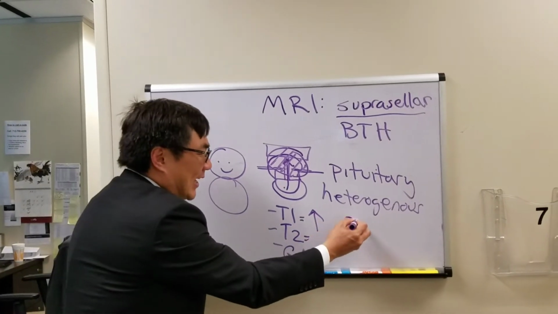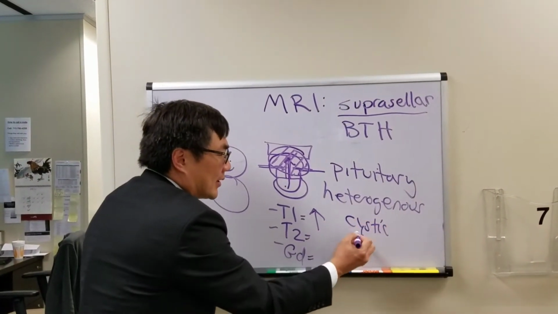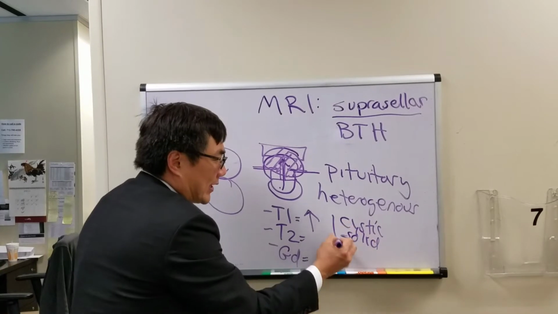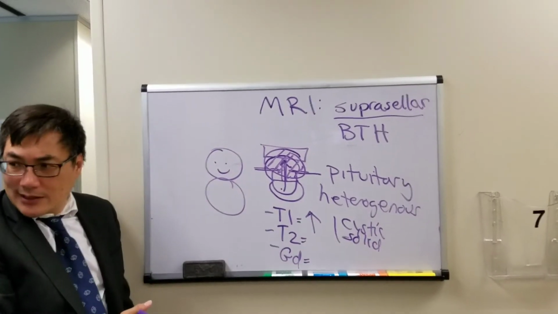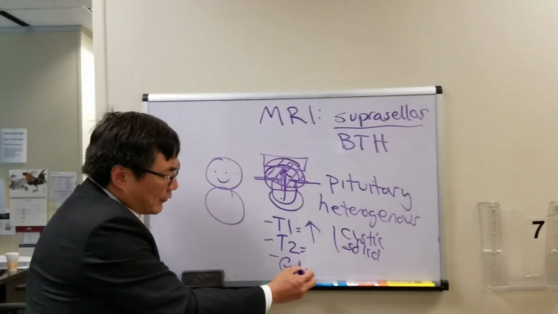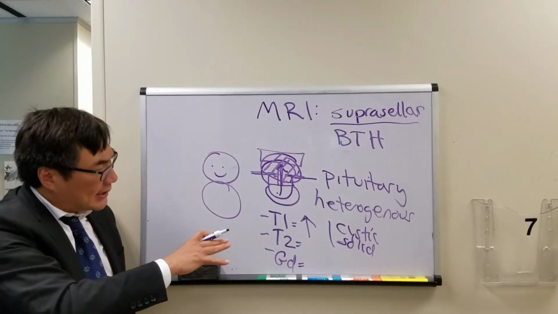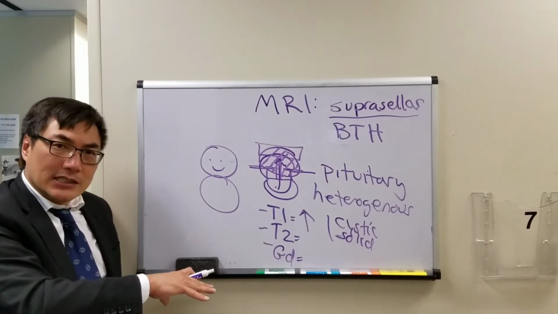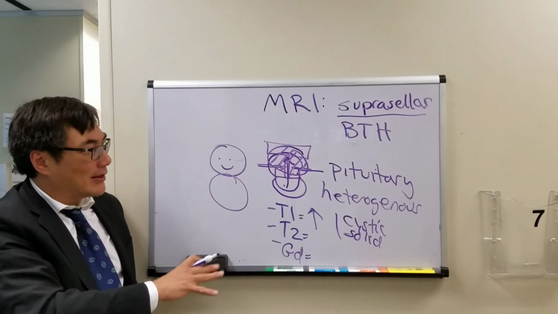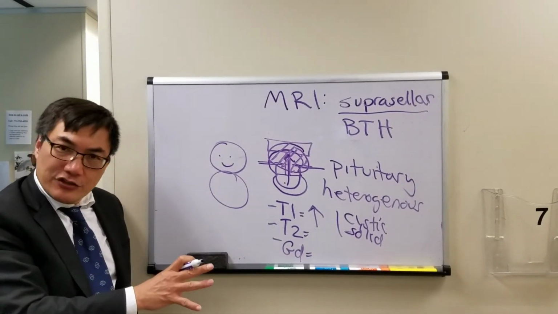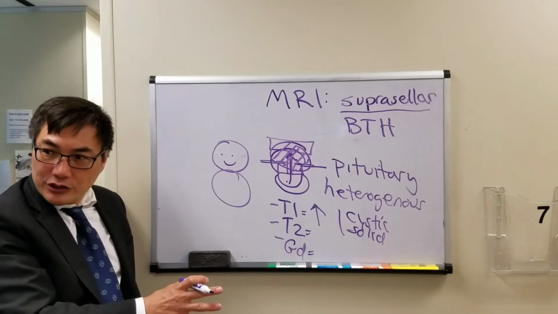It'll be cystic and solid, so even though it's heterogeneous, unlike the pituitary adenoma, it'll have a cystic component and a solid component. And after gadolinium administration, there'll be variable enhancement. So cystic, solid, heterogeneous enhancement, predominantly suprasellar, that is the radiographic features on MR of craniopharyngioma.